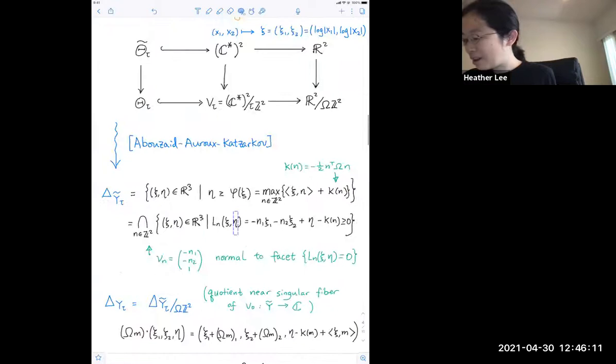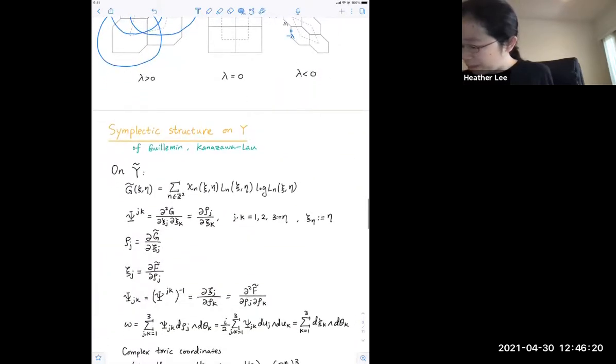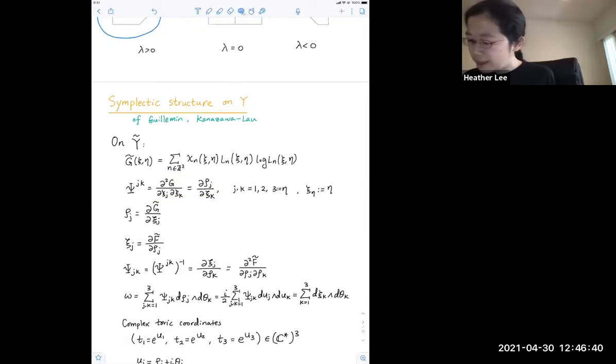The eta component is a little special because the formulas all work a little differently for eta. So we decided to call it eta, but then it's a little difficult to write down the Hessian. In this formula, I just said C eta is just eta. So C3 is eta. So this is just the Hessian of G for all 3 coordinates.